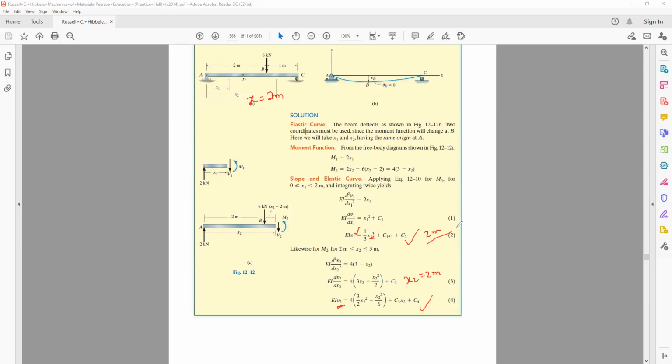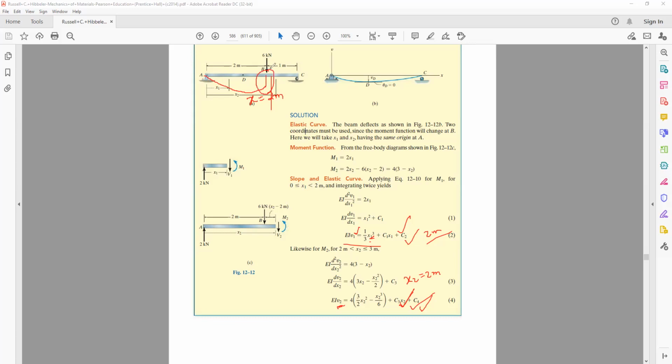The value of the deflection at x equal to 2 meter given by this equation should be equal to the value given by the other equation. Both should have the same value at x1 equal to x2 equal to 2 meter. If the two values are not the same, say one equation says the deflection is 1 centimeter and the other says 2 centimeters, the deflection curve will have a discontinuity.